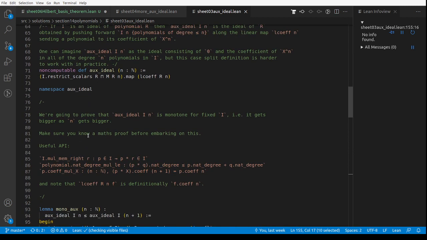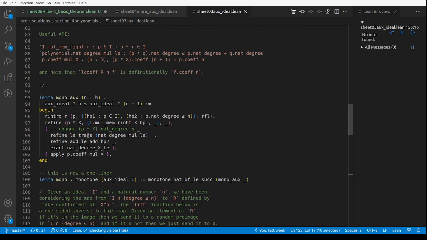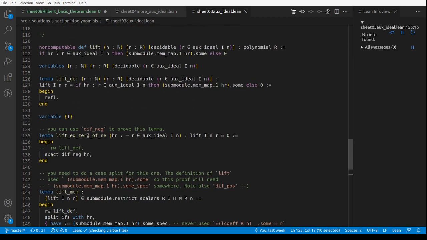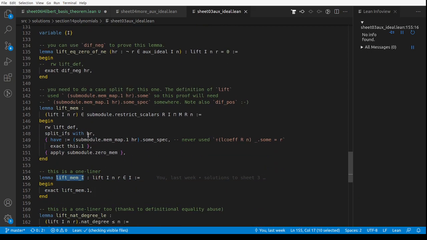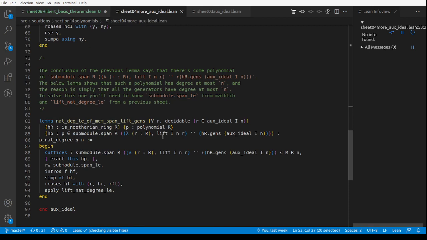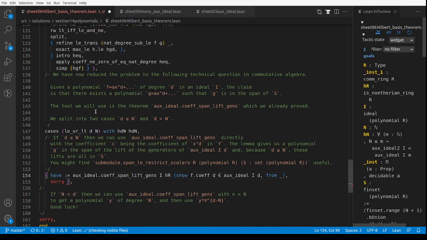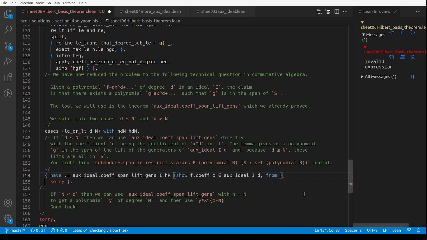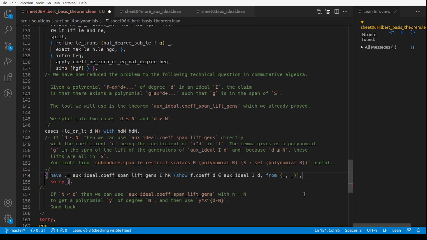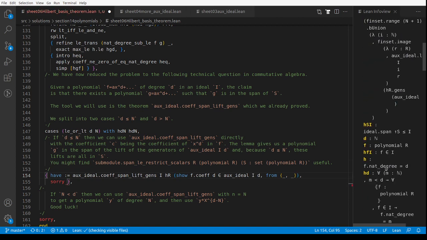So do I have mem? Did I write one of these? I didn't write mem orcs ideal. Rotten luck. Hard luck. I don't seem to have written it. So okay, we're going to abuse definitional equality. It's going to be pointy brackets, comma, pointy brackets, I would imagine. Now we've got three goals.